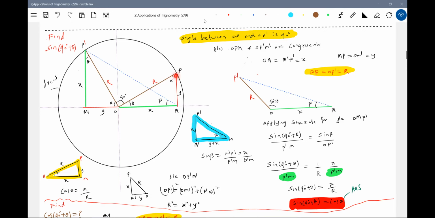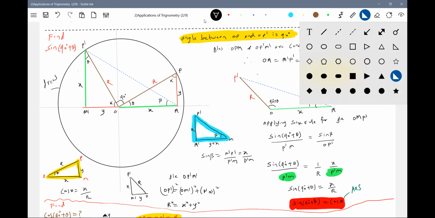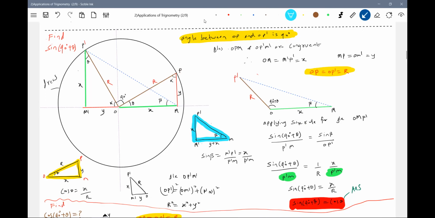Earlier, initially, the line was making an angle theta. Now I'll rotate it by 90 degrees. What is the angle made by this now with the horizontal? It will be 90 plus theta.